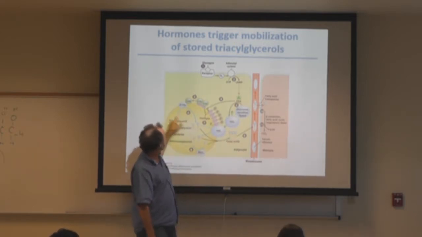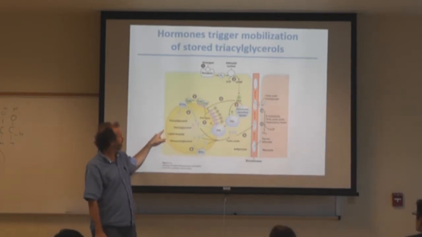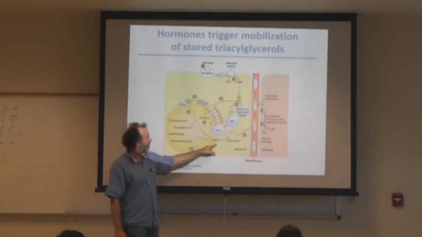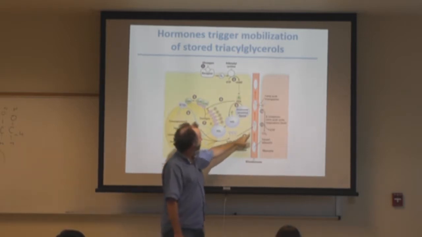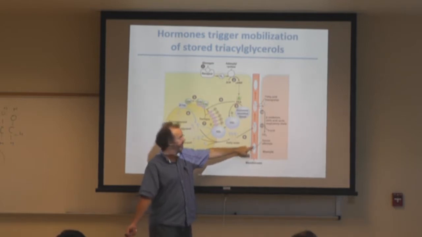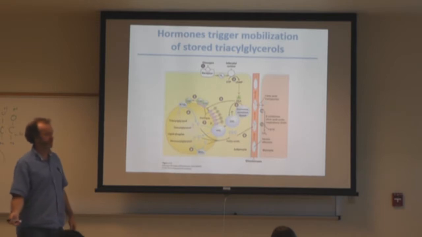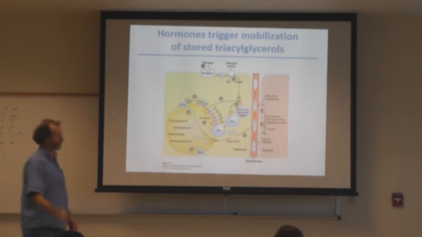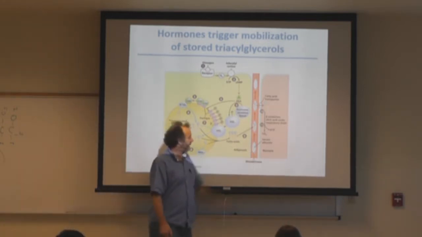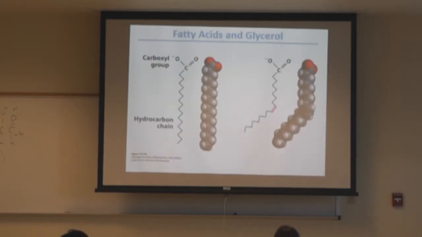It breaks down the triacylglycerols to diacylglycerols to monoacylglycerols, and you release free fatty acids, which are secreted into the bloodstream. Serum albumin transports them to the liver, where they can be absorbed once bound to the albumin. So, fatty acids and glycerol.